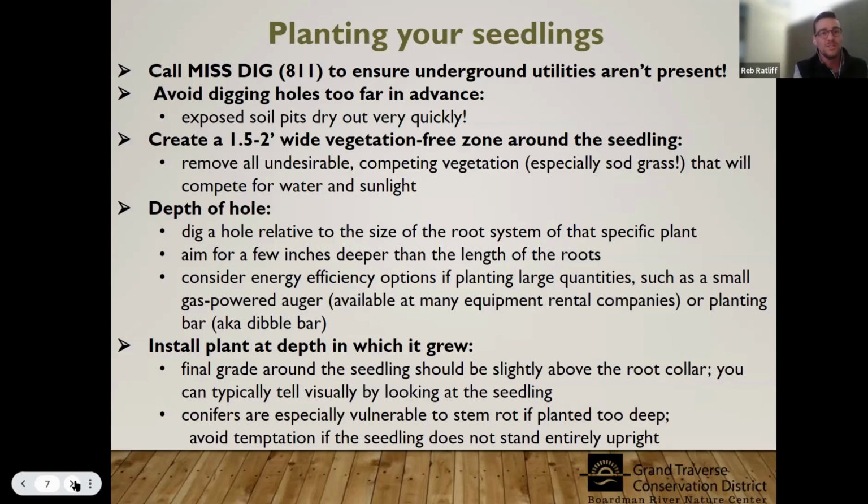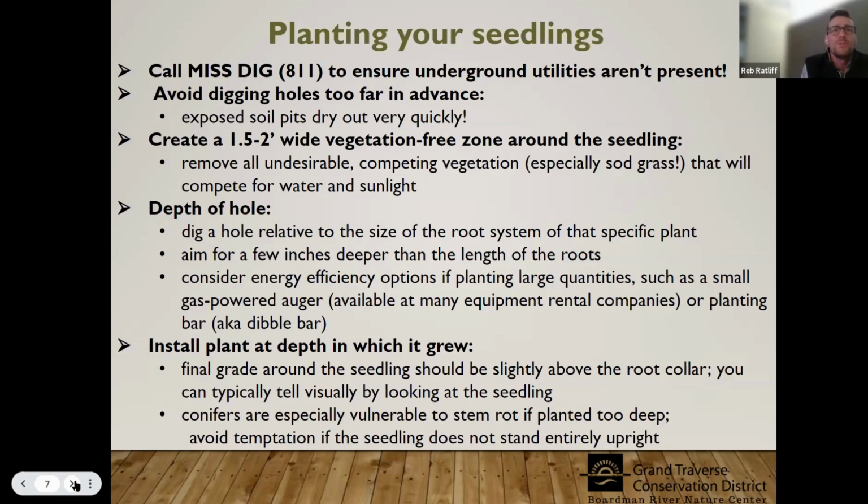Some people like to do a bunch of digging, go back later, and then plug the seedlings in, bouncing to each hole and planting the seedling. I don't really encourage that. You can dig a hole and just minutes later be able to tell that it's drying out just by the color of the sidewalls of your hole.